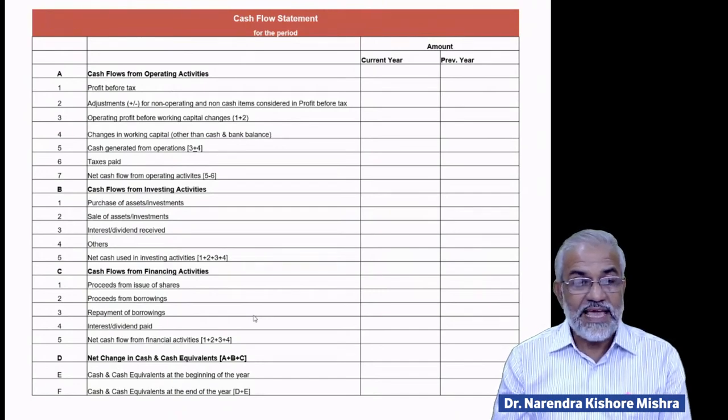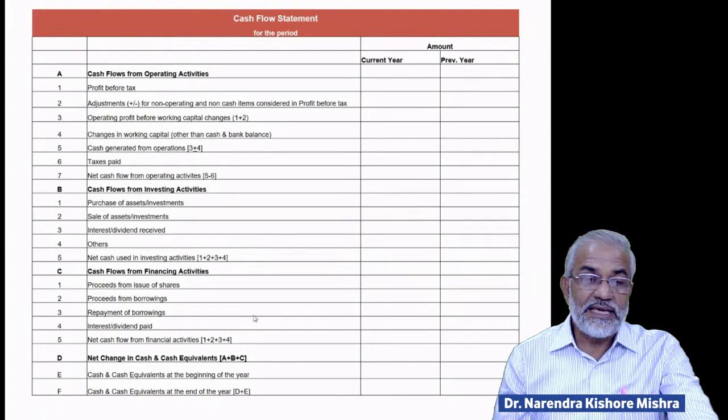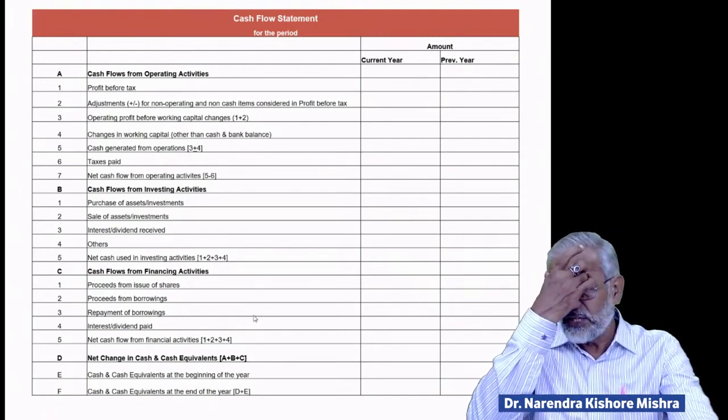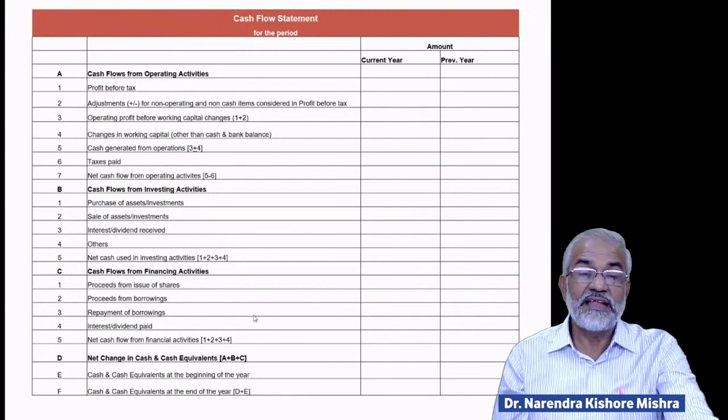The opening cash and cash balance must be available as the opening cash and bank balance in the balance sheet. That means the balance sheet as on the beginning of the year must speak about the figure which is exactly there in the opening cash and cash equivalent as stated in the cash flow statement.